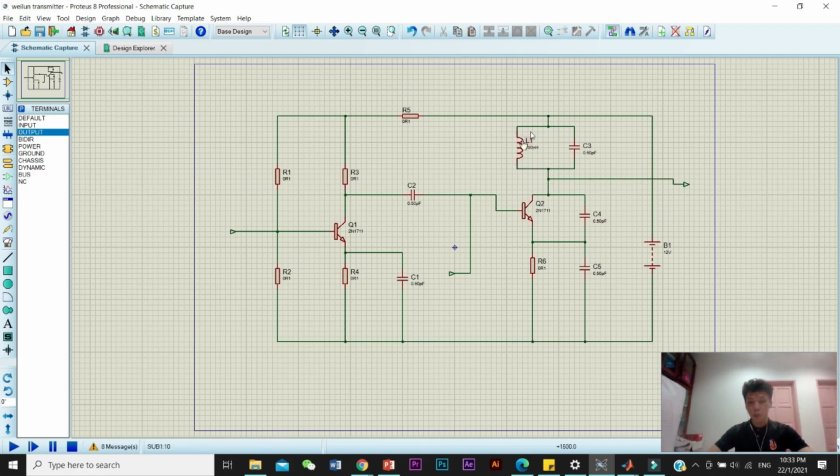Between the tank circuit and the oscillator amplifier, the output is taken from here and sent to the receiver, which is the demodulator, and demodulates and recreates the signal again. This is my part.